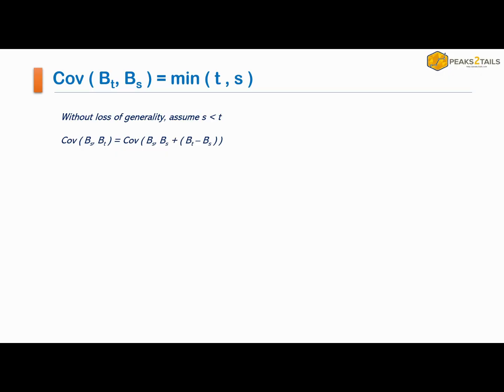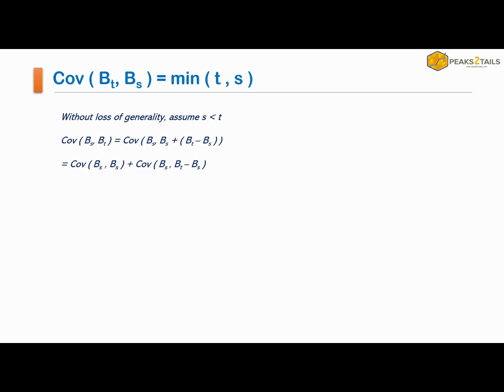We'll separate this into two terms. One is covariance between Bs and Bs, and the other is covariance between Bs and the increment, which is after s. The second term will be 0, because what happens after s has nothing to do with what happened before s. So between Bs and Bt minus Bs, the covariance would be 0 because the increment is independent.